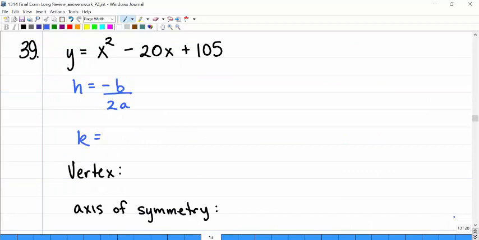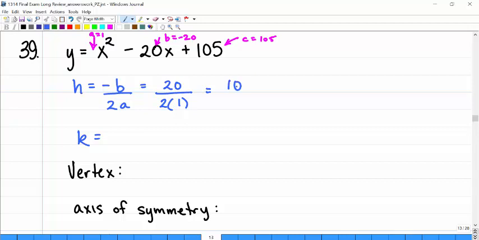Number 39, I'm given a quadratic function, y equals x squared minus 20x plus 105, and I'm asked to find the vertex. Here, I know that a equals 1, b is equal to negative 20, and c is equal to 105. To find the vertex, h, k, h is equal to negative b over 2a, so I get 20 over 2 times 1. 20 over 2 is 10.